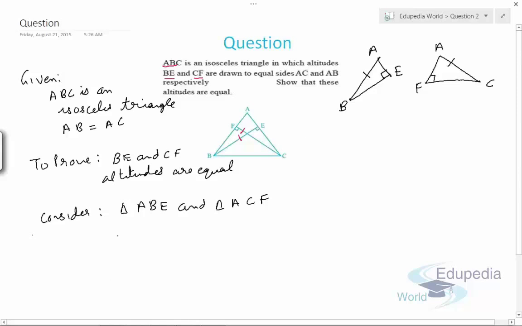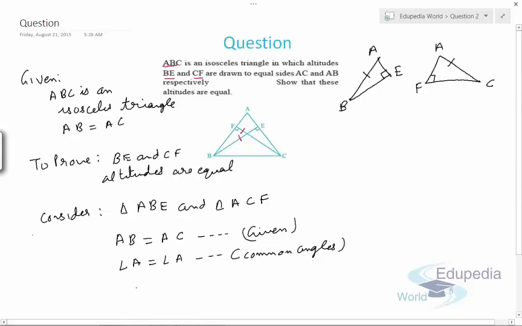Now first of all, it's given AB equals AC, so we can write it as given. Now we need two more conditions to prove the congruency. So we can say that angle A equals angle A. Why? We can say that these are common angles.